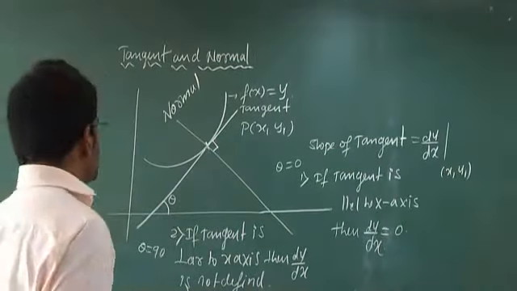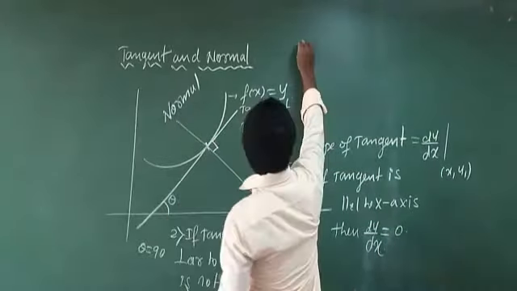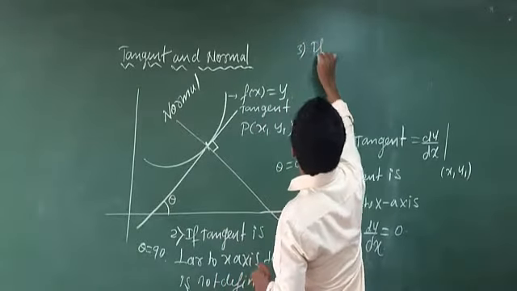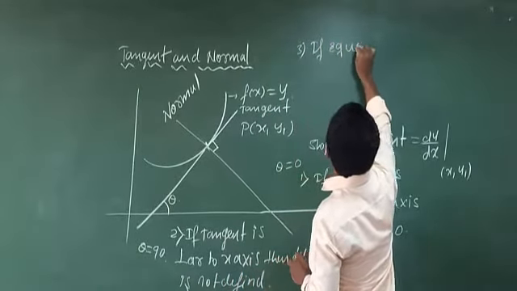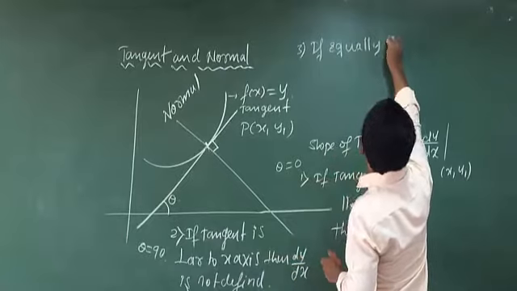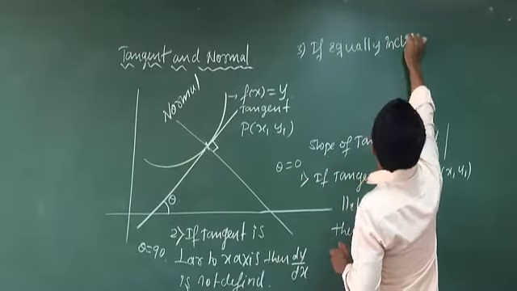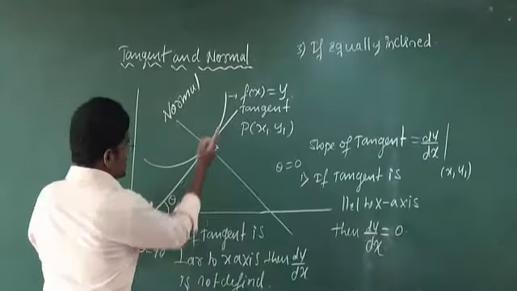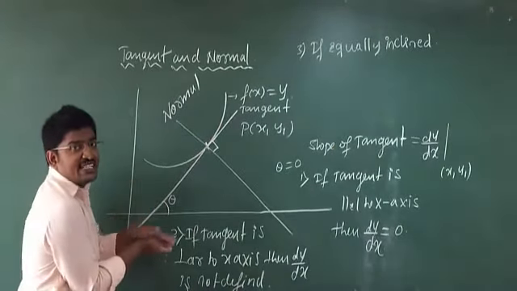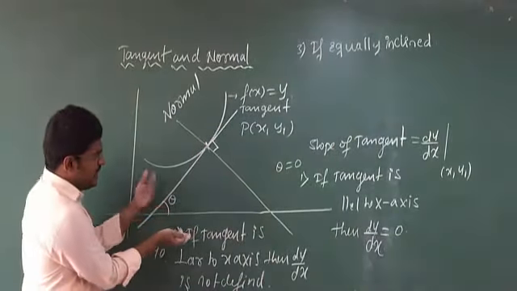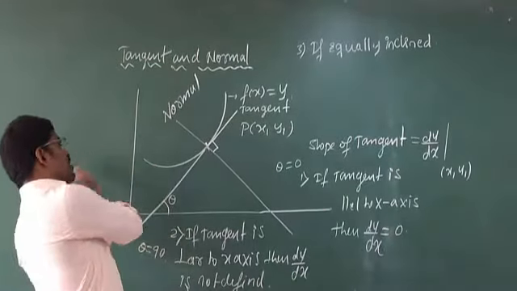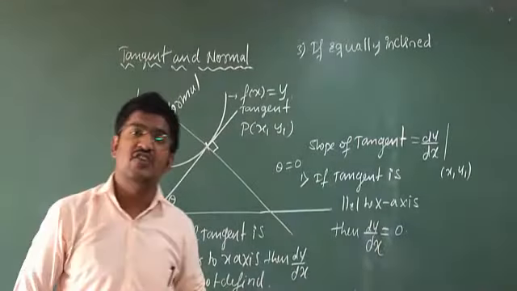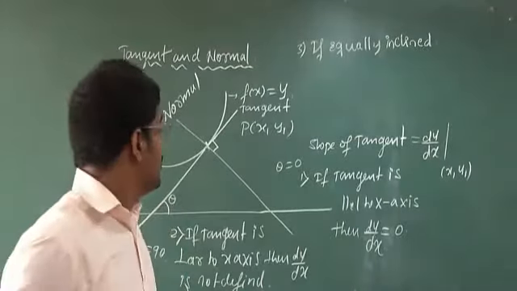And the third one is, if the tangent is equally inclined with the x-axis, equally means 45 degrees. If I take the obtuse angle, it will be 135 degrees.